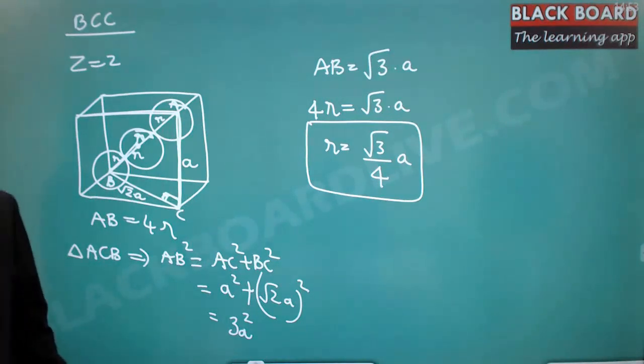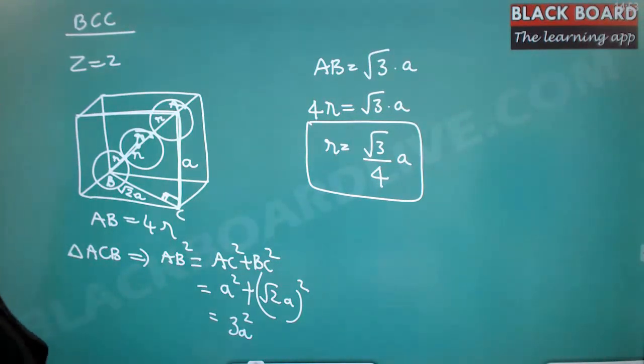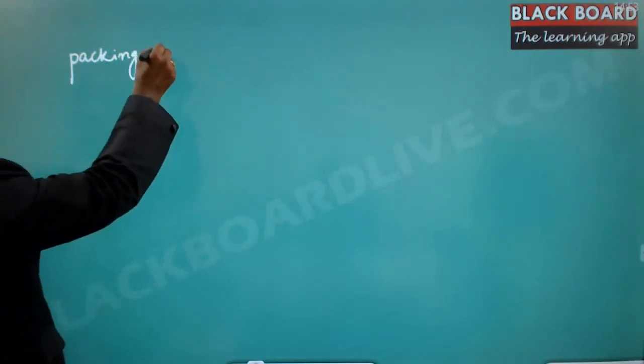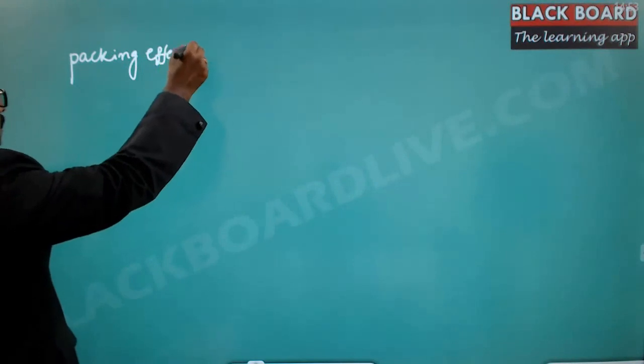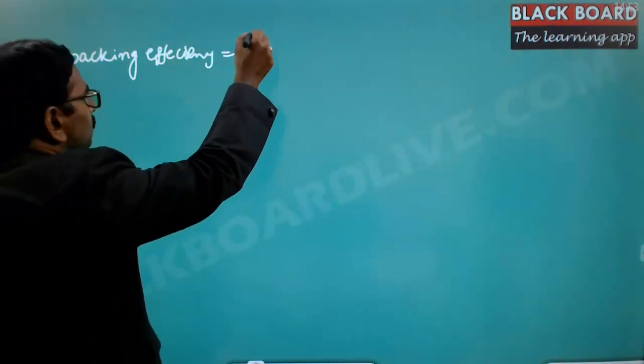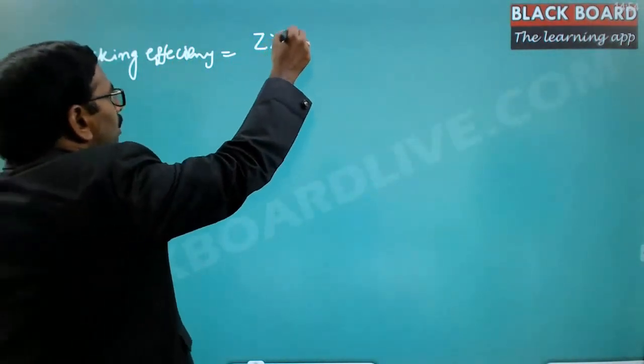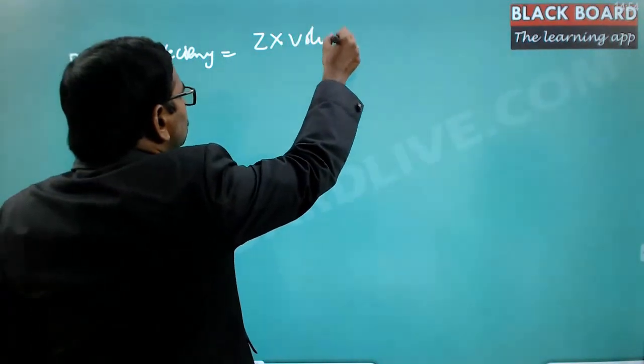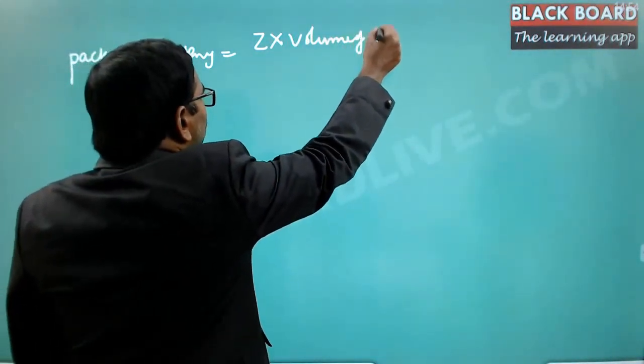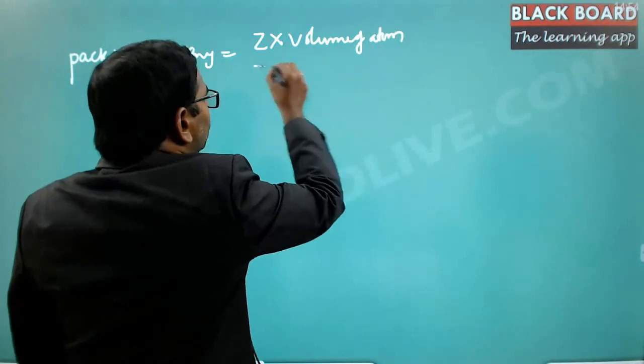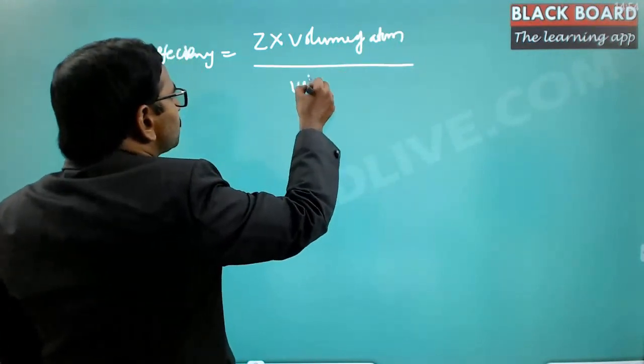Now we calculate the packing efficiency. Packing efficiency is equal to Z into volume of atom by volume of unit cell.